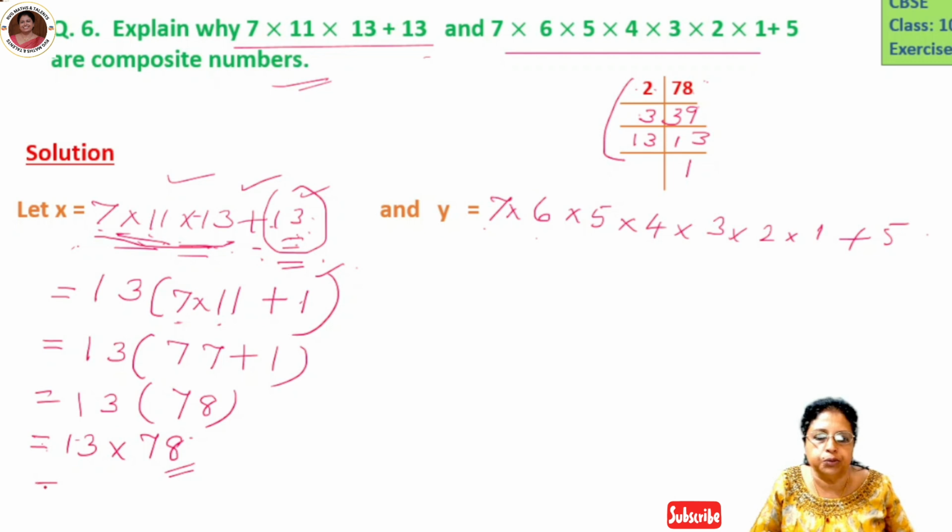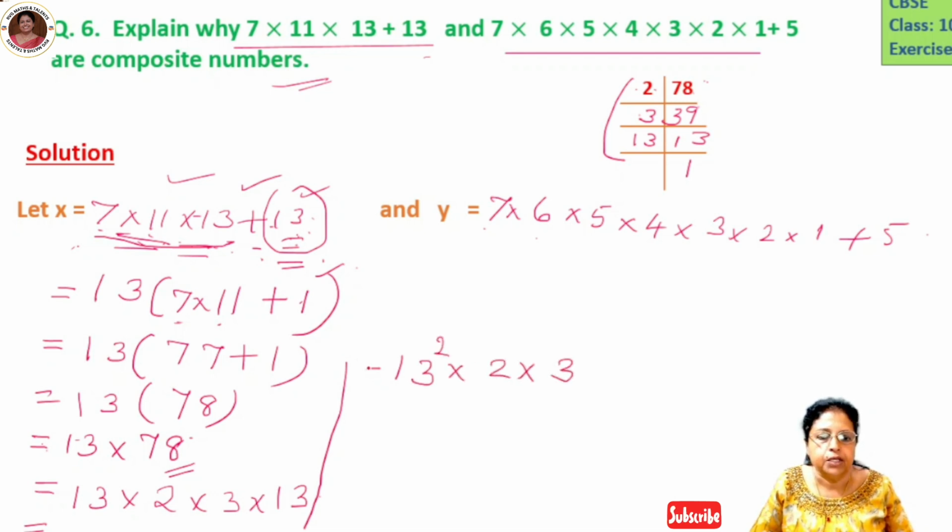13 times 78 is factorized as 13 times 2 times 3 times 13, that is 13 squared times 2 times 3. So this is the prime factorization. We have factorized this x into prime factors, and this factorization is unique.